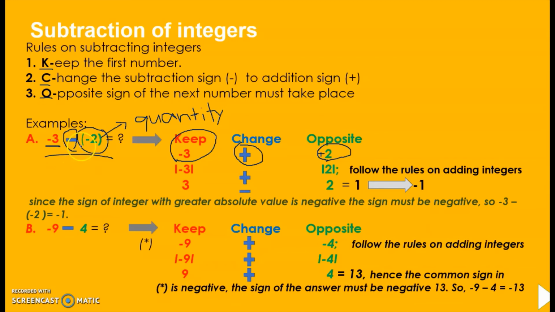So negative 3 minus the quantity of negative 2, the three steps here must take place.